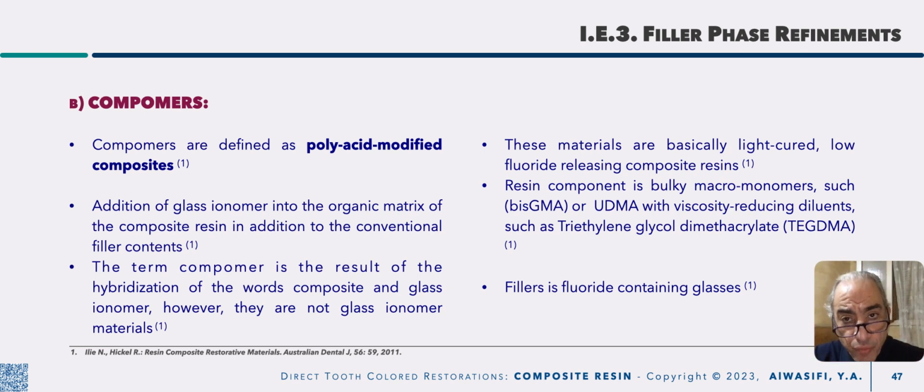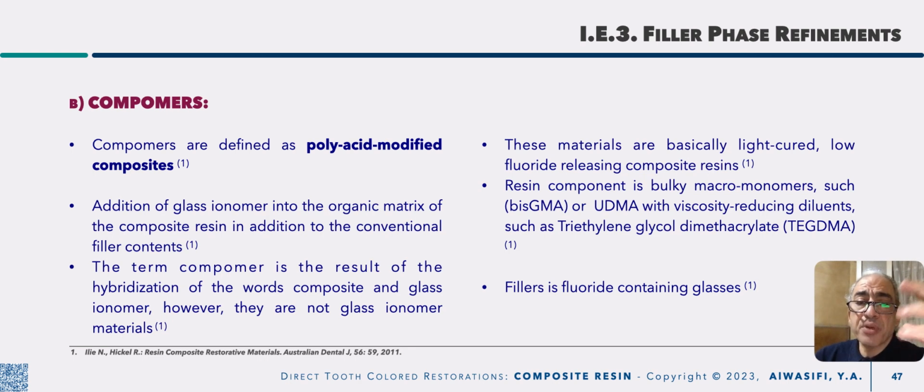This is a conventional glass ionomer, composed of aluminosilicate glass. This is the powder of glass ionomer with the polyacid liquid of the glass ionomer, but it is freeze-dried. That's why it is non-reactive. It needs water to dissolve it and start the reaction.